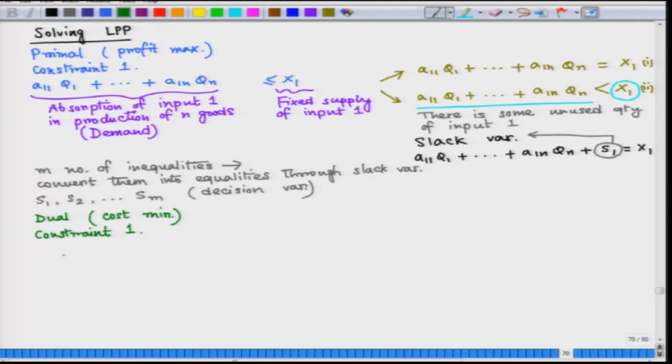So, what is the first constraint that was there in the dual problem that we had seen earlier? So, A11 V1 plus AM1 VM greater than equal to the per unit profit from commodity 1.